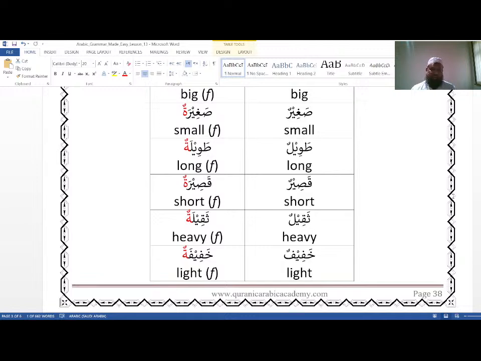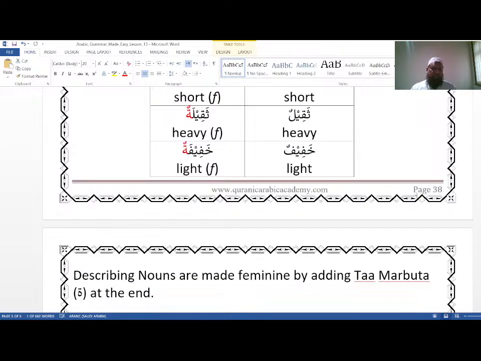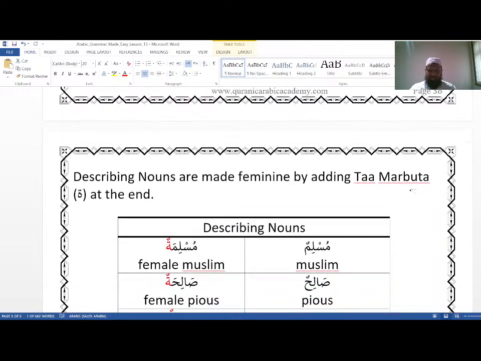So all the words coming in today's lesson, that is our vocabulary, we memorize all these isms. Okay, describing nouns: adjective and describing nouns are the same thing, but just remember, describing nouns are made feminine also by adding the ta marbuta at the end. When we have a noun that is a description noun, we'll see some examples.